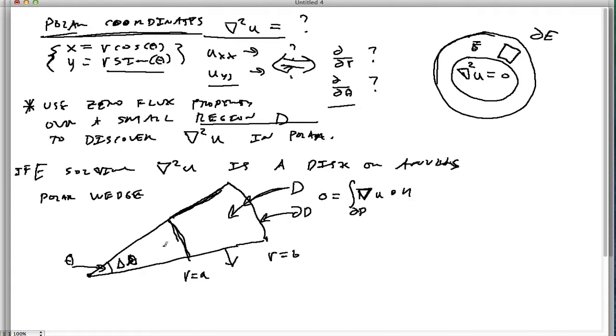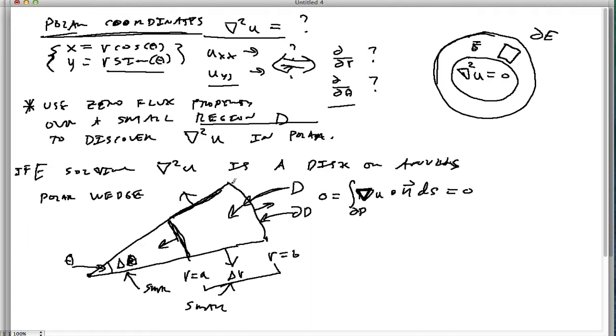We have a normal on that side, a normal on this side, and a normal on that side, dotted with the normal vector, ds, is going to be 0. So what remains to be solved is, now we'll assume for now that the angle we're sweeping over is small, and this side we'll call delta r, and that's also small.